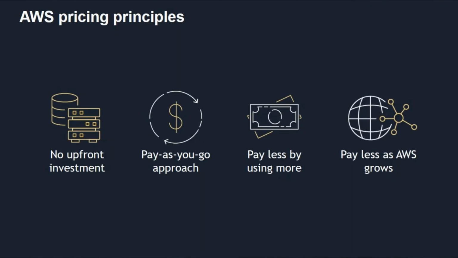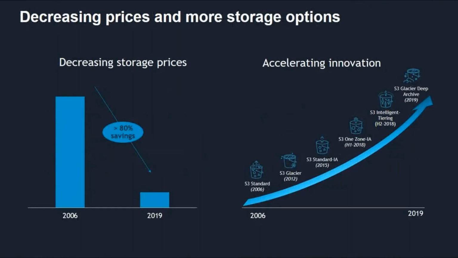This concept maybe is best demonstrated in S3 when we look at the history of decreasing storage prices with S3 over time. So yes, when we launched this service in 2006, we looked at how we could optimize with different classes of storage and then drove down over 80% savings over time.